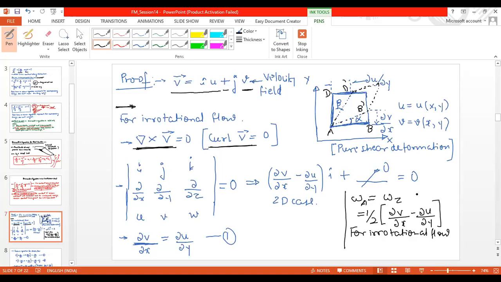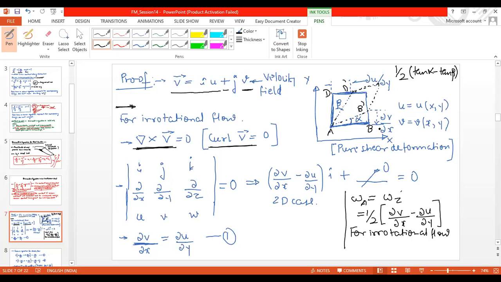If you take this as 1 by 2, AB is rotating in the anti-clockwise direction and AD is rotating in the clockwise direction. So it is simply 1 by 2 (tan alpha minus tan beta). In place of tan alpha and tan beta, the distance through which it is rotated is given by delta V by delta X, and the distance through which this element is rotating is given by delta U by delta Y.